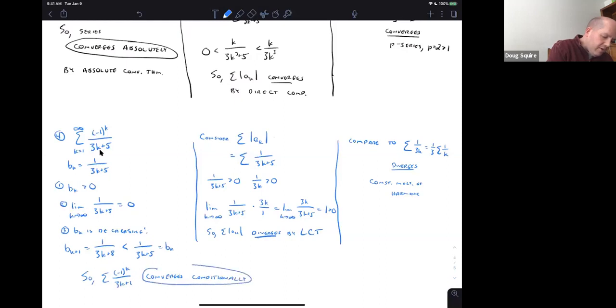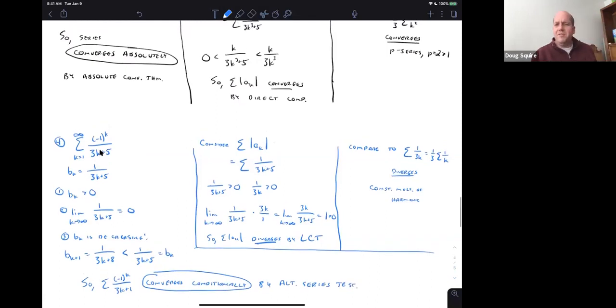And we say it converges conditionally by the alternating series test. Does that make sense to everybody? Any questions so far?